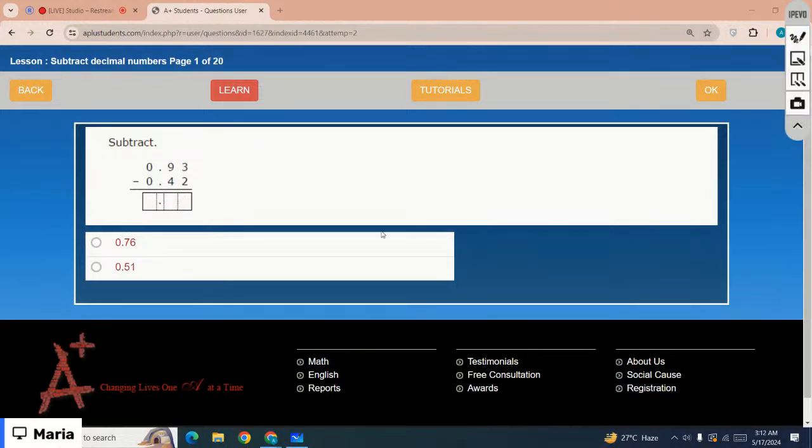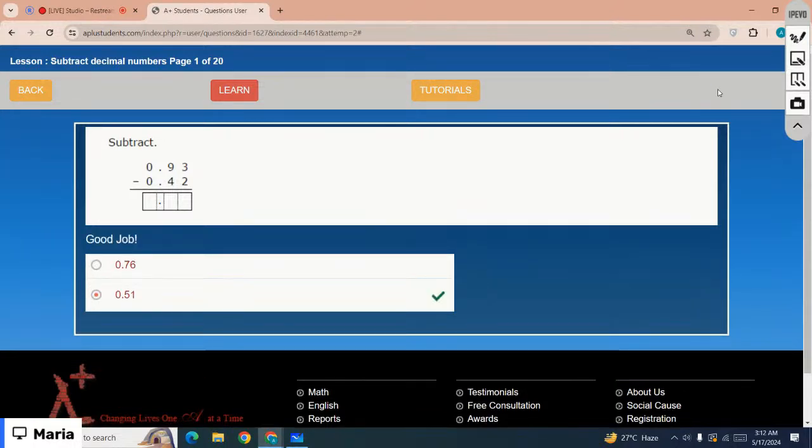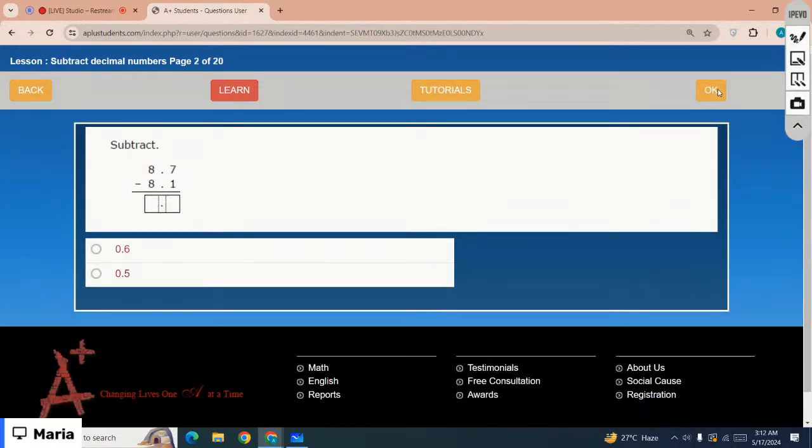The correct option is 0.51. Next, 8.7 take away 8.1, which is the correct option?